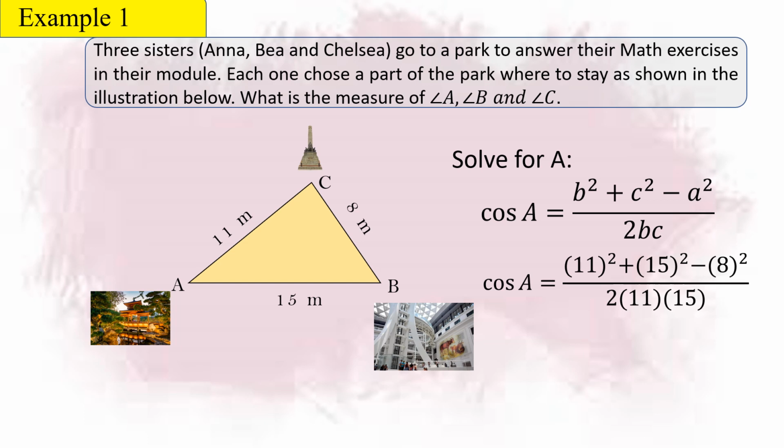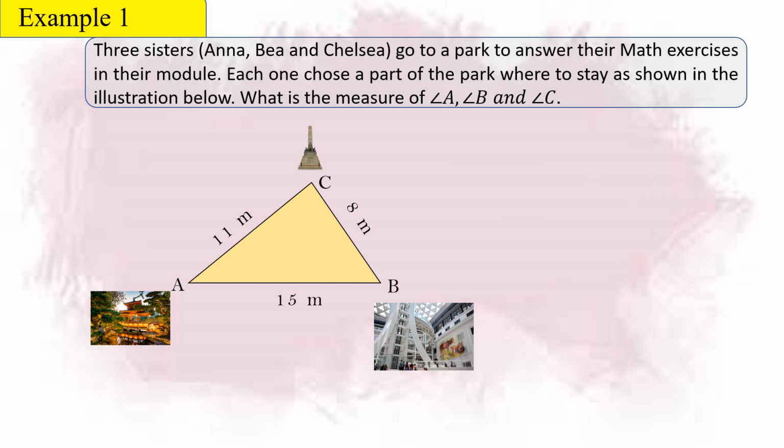Then just input that in your calculator. That makes what? 0.8545, or A is equal to 31.29 degrees.